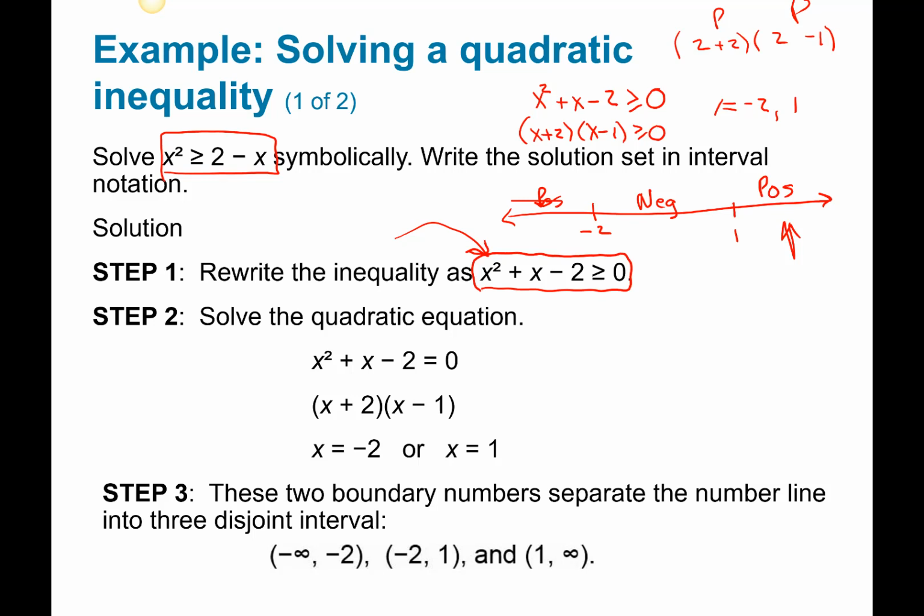We're shopping for positives this time. And can we actually use the endpoints of the intervals this time? Yeah, because it's equal, isn't it? Greater than or equal. So what that's going to allow us to do is, on this one interval, start at negative infinity and go all the way over to -2. Are we allowed to include the -2?